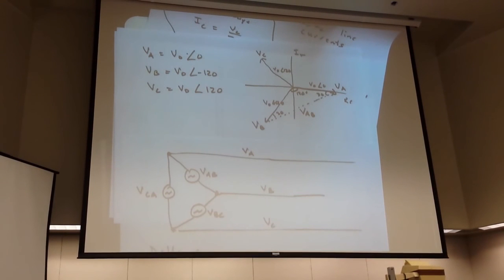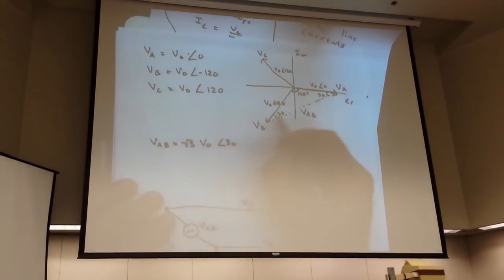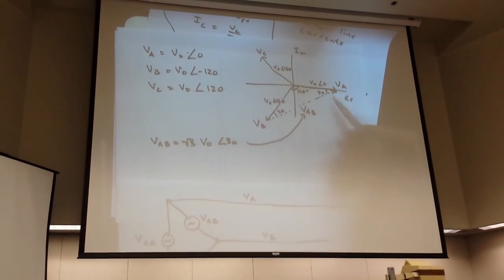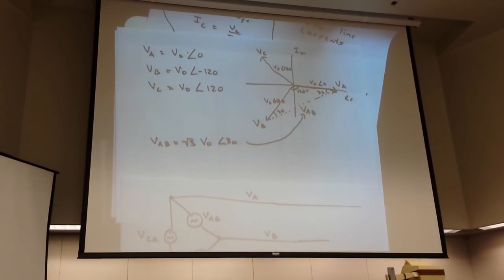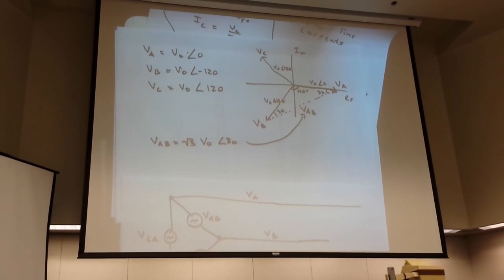And if we go through a little bit of trigonometry, we can say VAB equals square root of 3 times V naught, angle 30. That's this vector here. So that points from here to here. It has a length, square root of 3 times our V naught, and has an angle of 30 degrees.